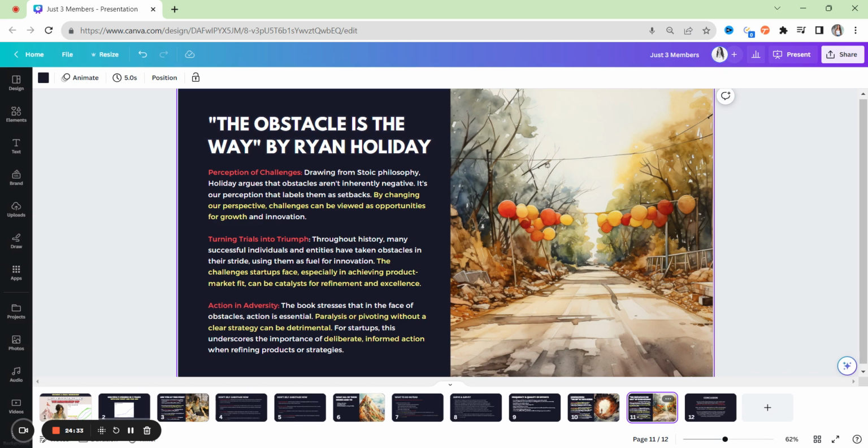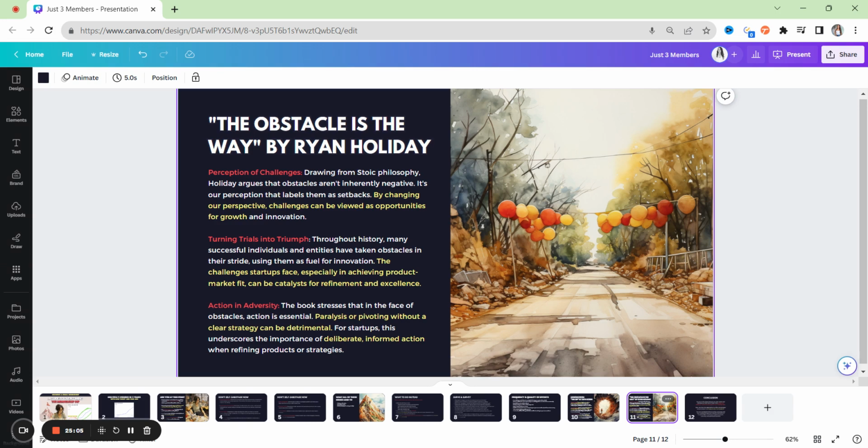Turning trials into triumphs. So throughout history, many successful individuals and entities have taken obstacles in their stride, using them as fuel for innovation, right? So if you say, I'm at this amazing point right now where I can work with few people really, really close to find something that others can't find because they're not exposing themselves to this testing environment, and they're not testing as deliberate as I do, and they're not serving and surveying as deliberate as I do, that can be a real opportunity for you.